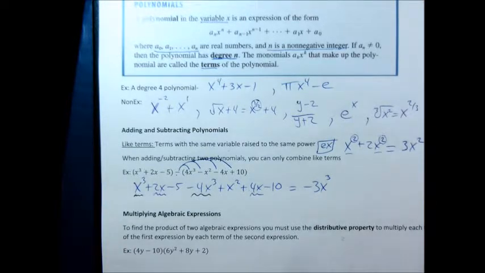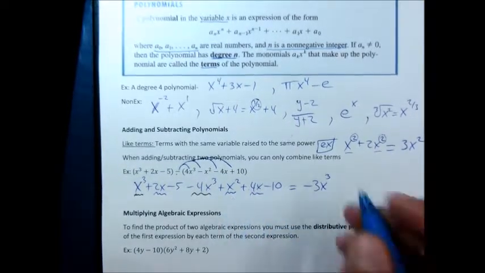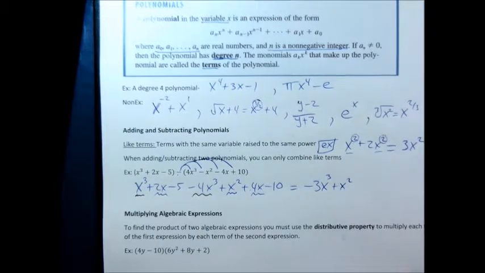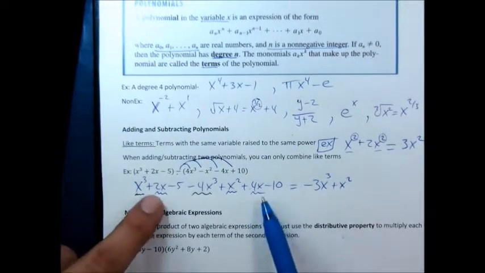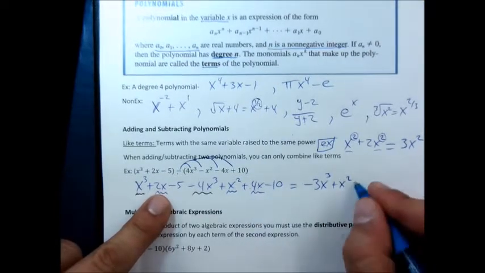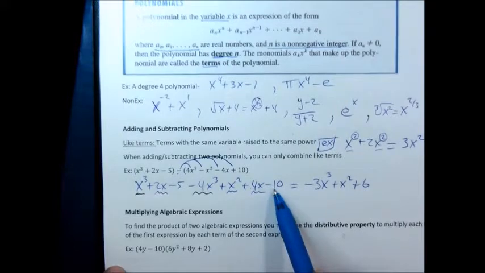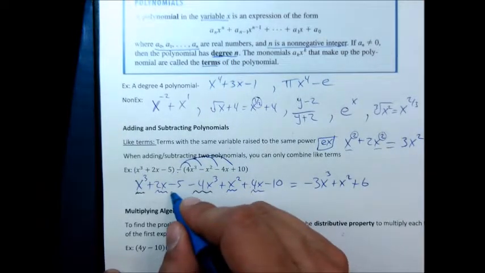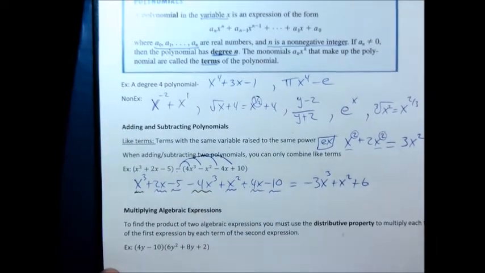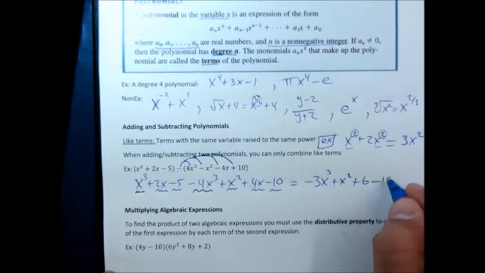I'm sorry, there's only one x squared, so there's nothing to combine it with, and we just carry it over. As I just mentioned, we have a 2x and a 4x. Those two can be added together to get 6. And then we have a minus 5 and a minus 10, and those can be combined to give us a minus 15.